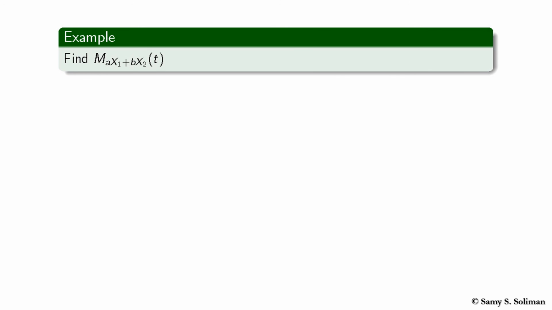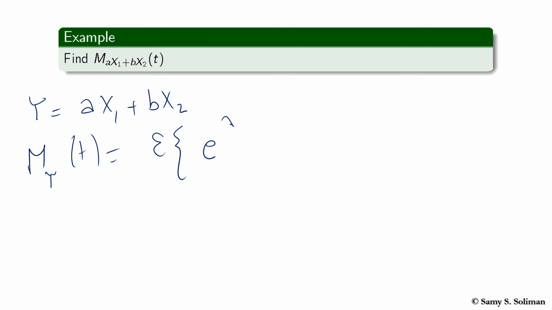Finally, if we want to combine the two conclusions that we obtained before, if we have a new random variable y defined as a scaled version of one random variable plus a scaled version of another, that is y defined as ax1 plus bx2, then the moment generating function of y will be equal to the expected value of e power yt, so that is e power ax1t times e power bx2t.